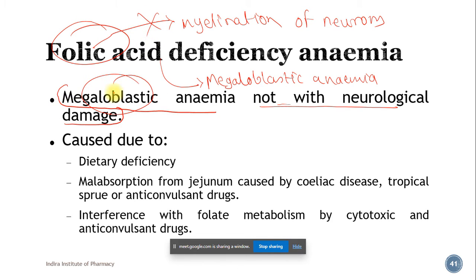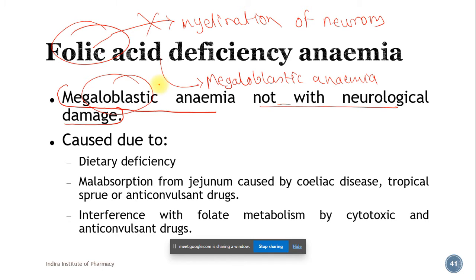So that's why if only folic acid deficiency is there, then it will result in the megaloblastic anemia, but no neurological damage can be seen. Okay, so this is like a distinguishing feature between the vitamin B12 deficiency anemia and the folic acid deficiency anemia. If neurological damage is there along with the megaloblastic anemia, then it indicates that there is deficiency of vitamin B12.